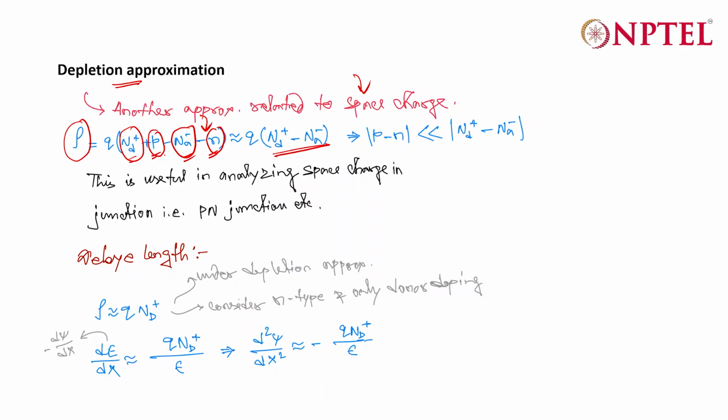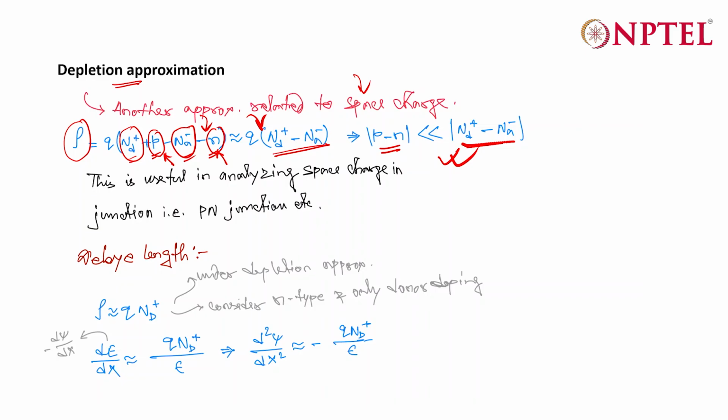P and N individually can be very high, but their difference should be very, very small. That is, the magnitude of P minus N should be very much less than the difference between Nd plus and Na minus. So this will lead to the equation Q into Nd plus minus Na minus.